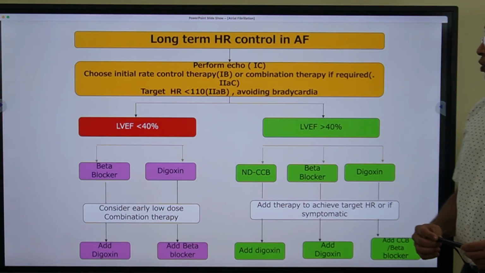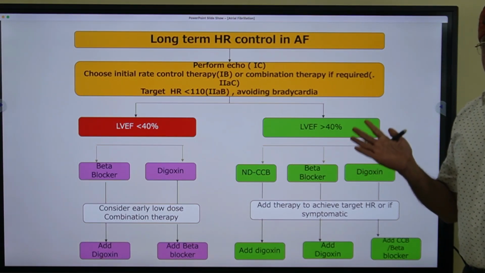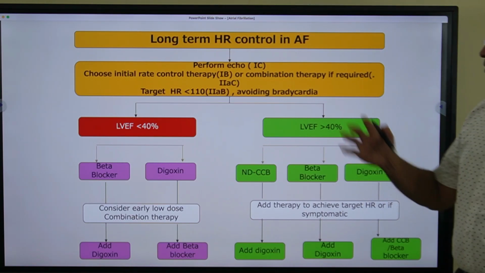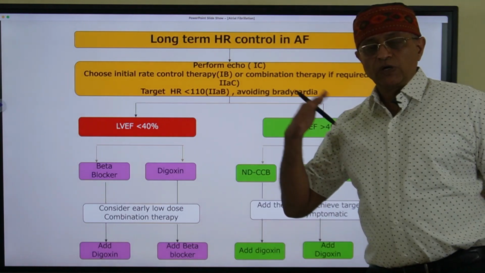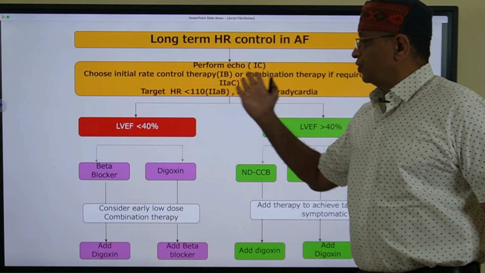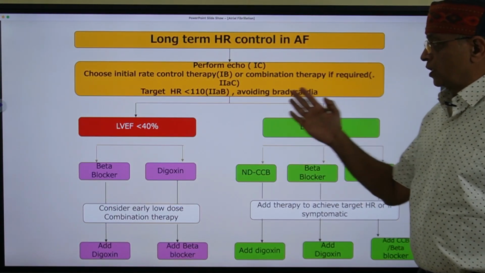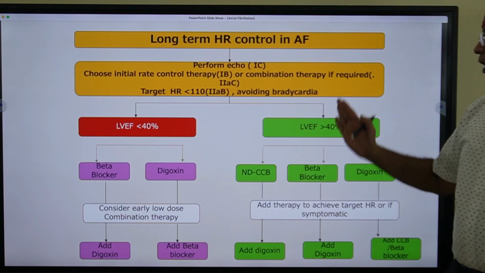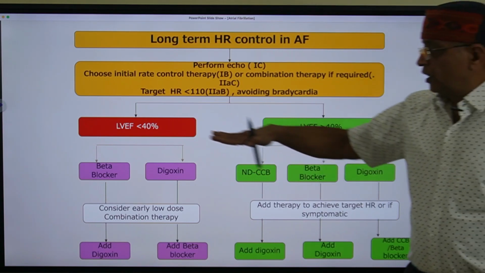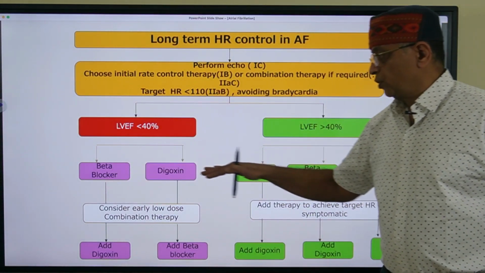Now, long-term rate control. Once the rate is controlled, say you have started the patient on a beta blocker or calcium channel blocker, then perform an echocardiography after the initial 1 month of therapy, when your rate is reasonably controlled. Choose initial rate control therapy or combination therapy, with a target heart rate less than 110, and at the same time avoid bradycardia. For long-term therapy, if the EF is less than 40%, then there are only 2 choices, beta blocker or digoxin.